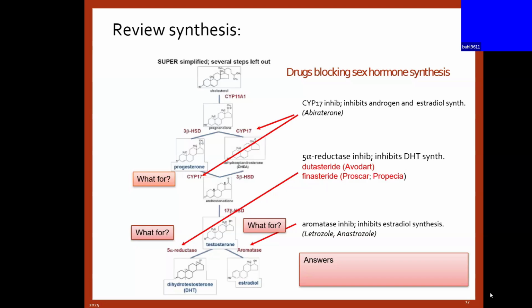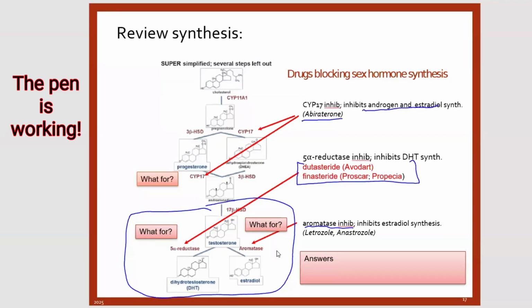The CYP17 inhibitor, if you were really trying to block all of these, can you have cancers that are multiple hormone sensitive? Yeah, you can have cancers that are sensitive to a lot of hormones. In that case, you really might want to inhibit testosterone, DHT, and estradiol, all three of them.